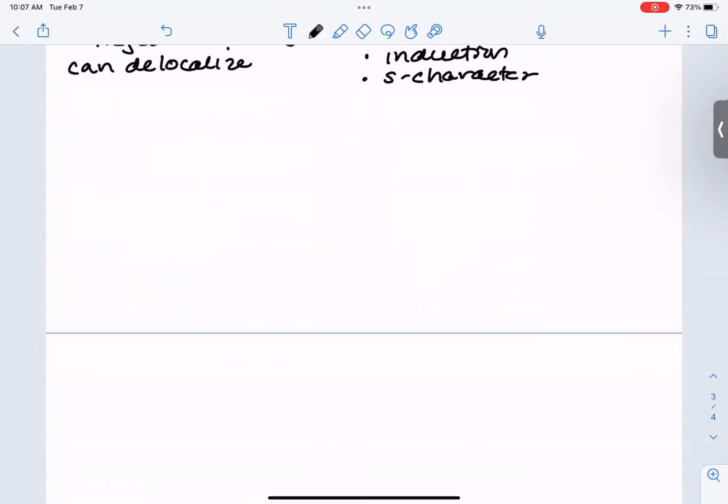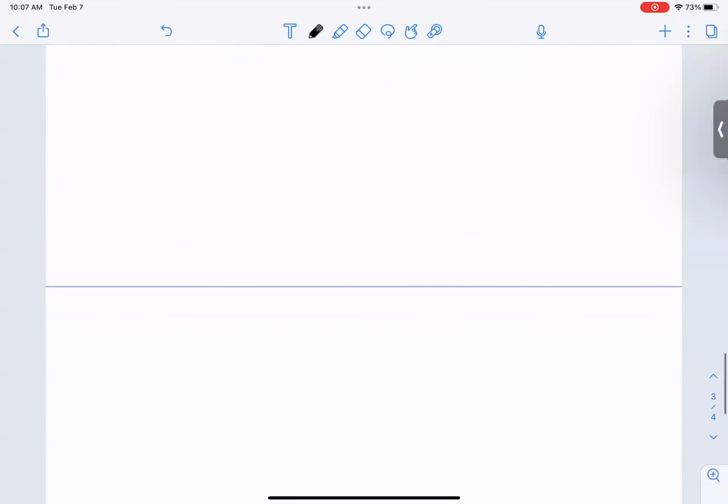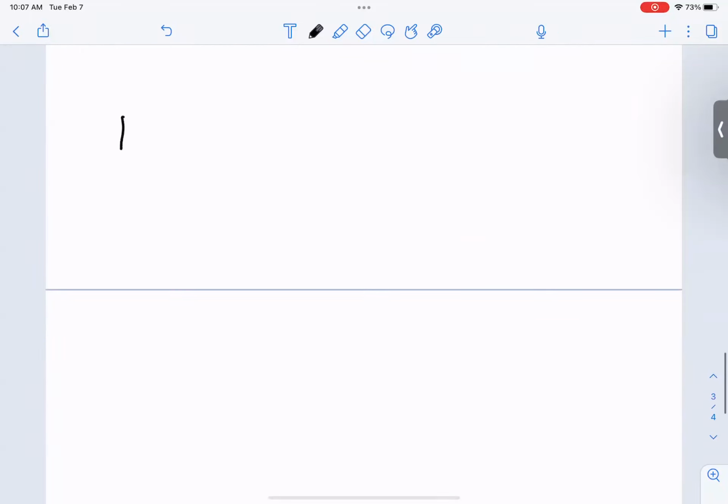So that's the simple mechanism. When we have a substituent on the ring, that's where you're going to get this mixture of products. So now I have a methyl group.